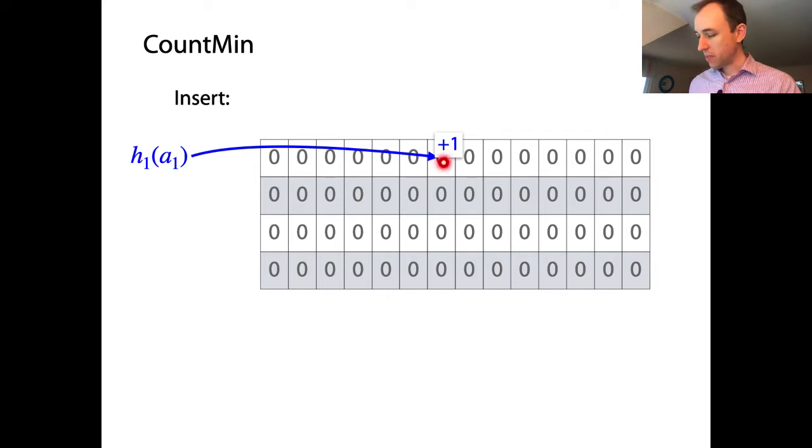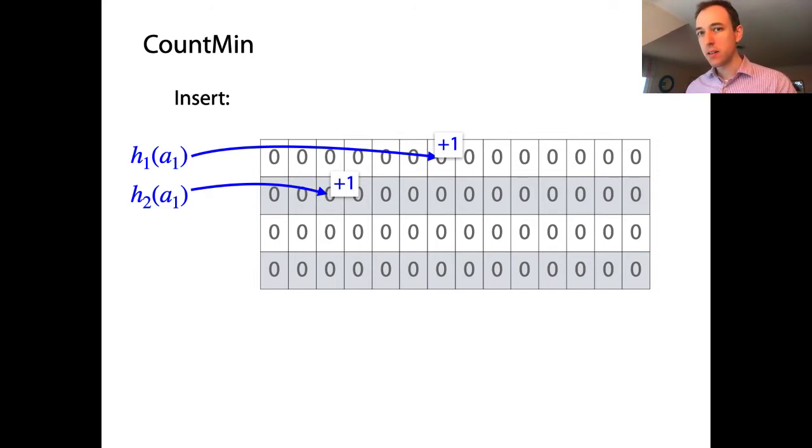We would increment that counter by 1, but we're not done because each row is a different hash function. So now let's go on to the second row. For the second row, we would apply a second hash function, h sub 2, to the same data item, still a sub 1. And h sub 2 would map a sub 1 to potentially a different column compared to h sub 1, right? They're different hash functions, so it's not necessarily going to map it to the same column. So here it's going to this column. Again, what will we do when we're inserting a sub 1?